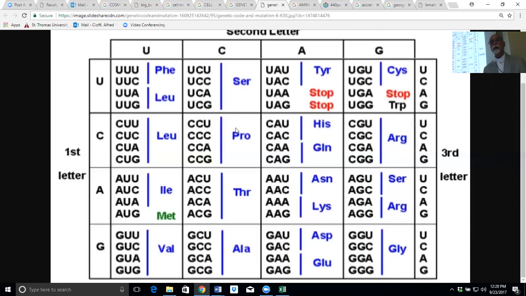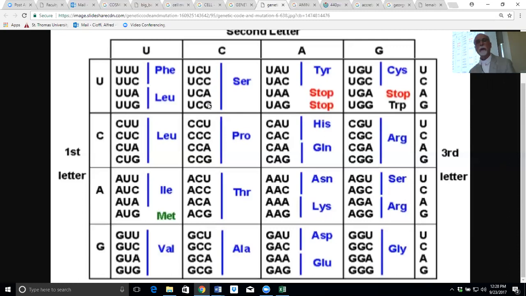Okay, so that's what is called redundancy. In other words, these 4 triple codes code for a single amino acid, serine. Okay, these 4 combinations, they all code for this one, because if you notice from the code, the one that is important is the first 2, which are the same. The third base in this particular case can be any one of the 4.